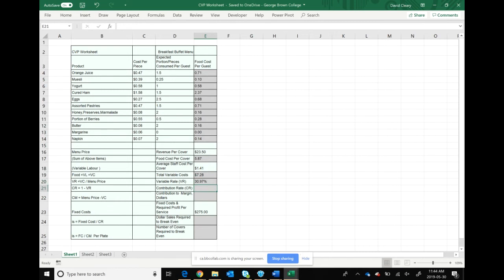Next is our contribution rate. Now this is a lot of what we use for our break even. There's a couple ways to calculate this. One way we have here is 1 minus your variable rate, because your contribution rate and your variable rate are two pieces to a whole. So if we know one side of the piece, 1 minus that will give us the other side.